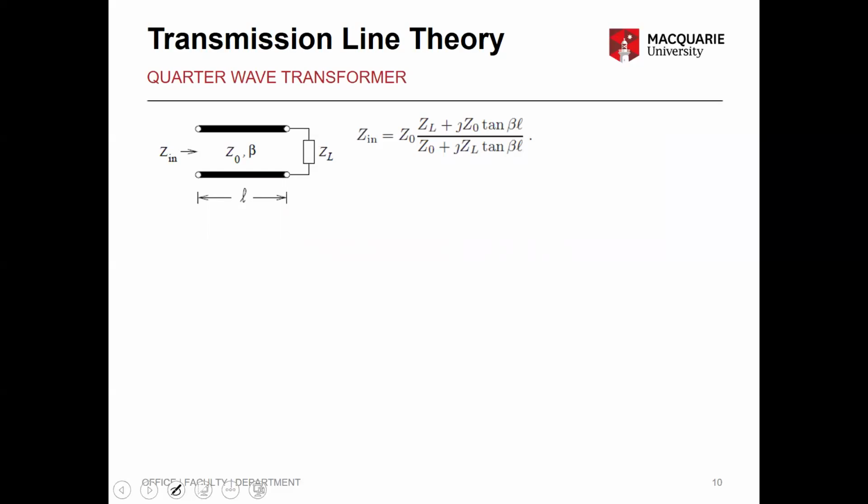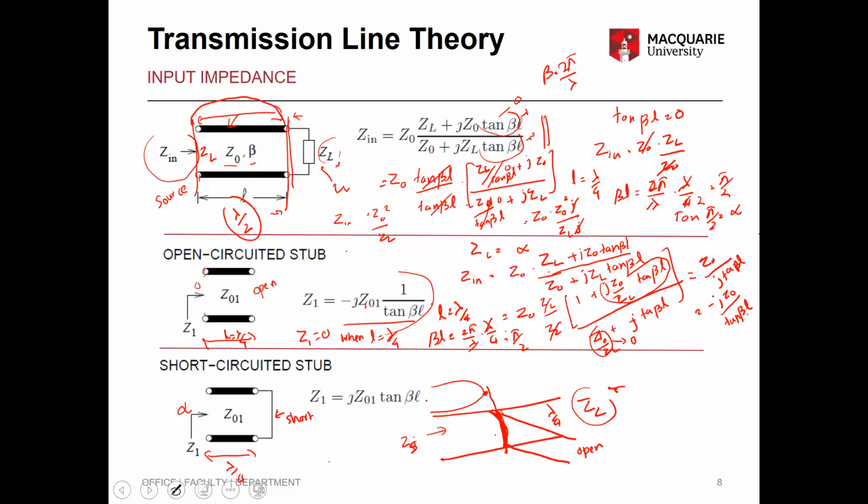Okay, so now we've seen from the telegrapher's equations before the load relationship. This is the relationship between input and the load, something that I've done in a couple of slides before.